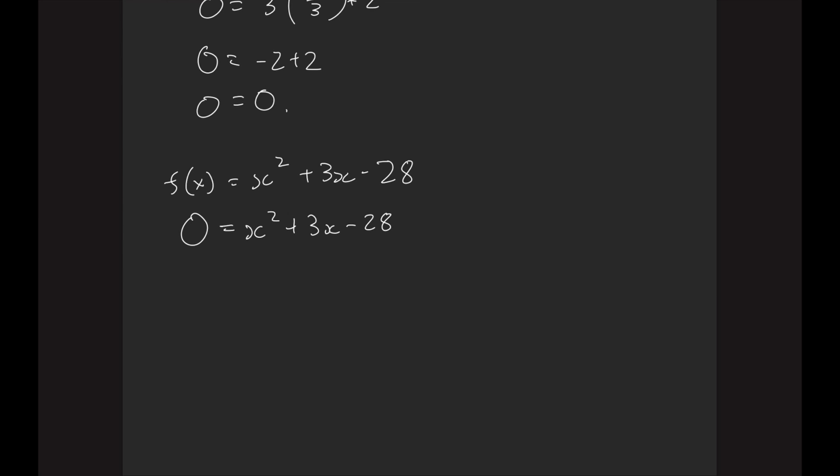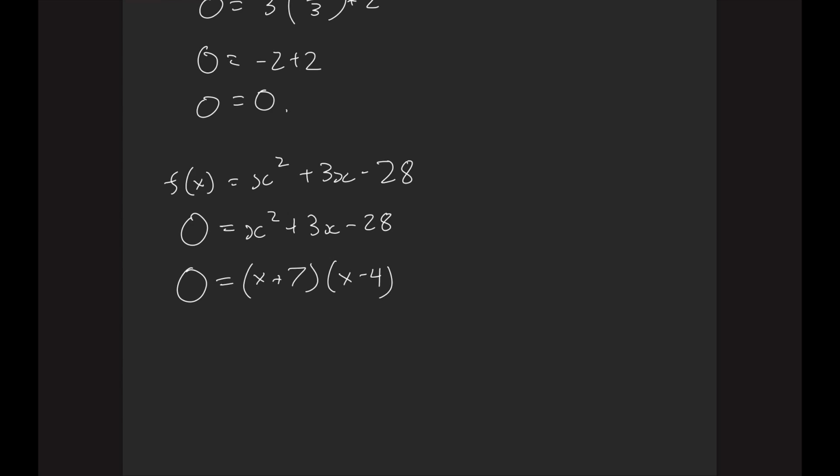What we could do is factor it to simplify the equation. So if we factor this into its polynomial factors, it'll be x plus 7 times x minus 4, because 7 times negative 4 is negative 28, and 7 minus 4 is 3.